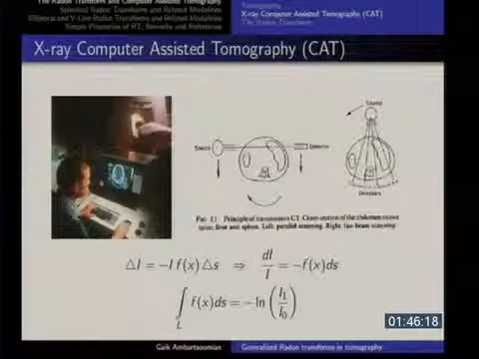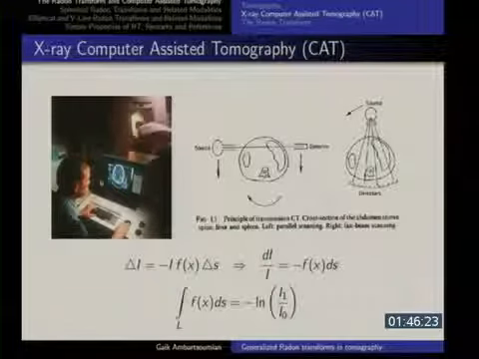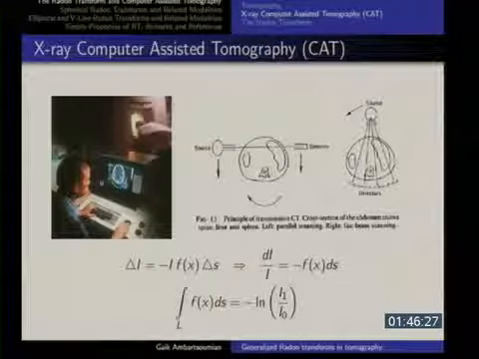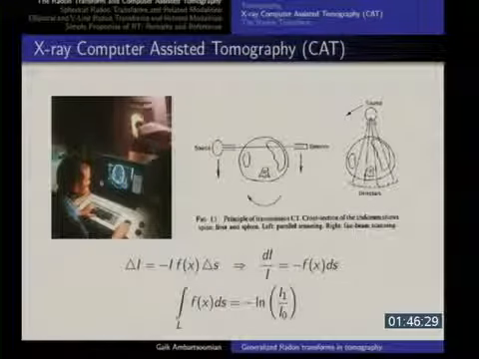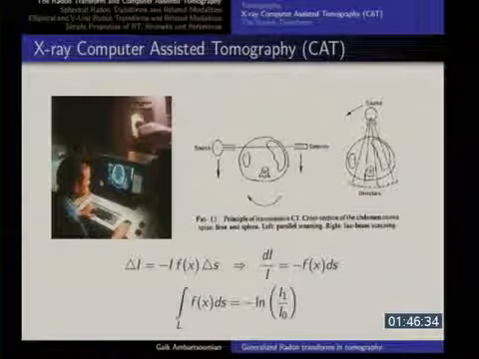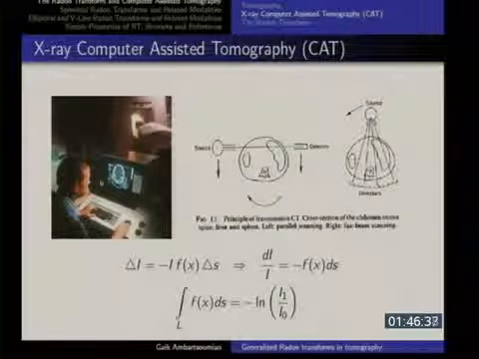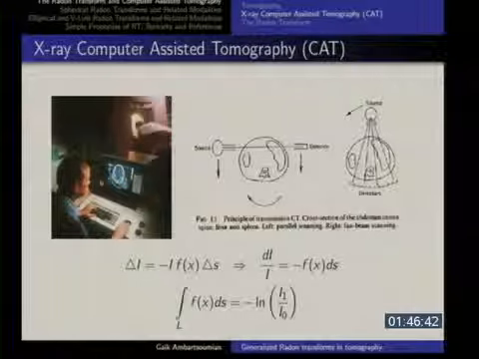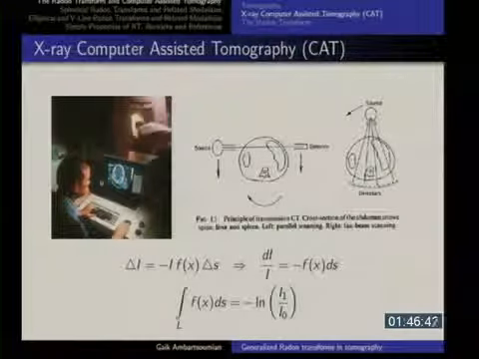And physicists know a very simple rule called Beer's law, B-E-E-R with a capital letter, has nothing to do with the drink, which tells you how the intensity of the X-ray drops. So it says that the change of the intensity when the ray travels a distance delta S is proportional to the intensity itself and something called the absorption coefficient. Of course, the negative stands for the fact that the change in the distance is positive, but the drop in the intensity is negative.